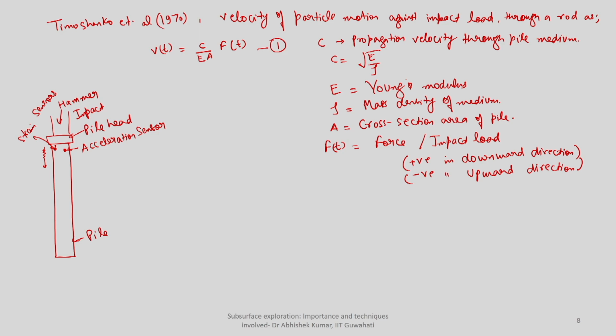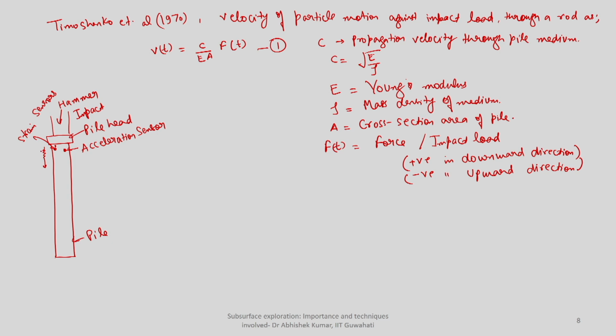You created some kind of impact, as a result of which this disturbance will be created and will go downward. This is the first component. I have created some disturbance, as a result of which the acceleration sensor detects the disturbance which is given by equation 1.